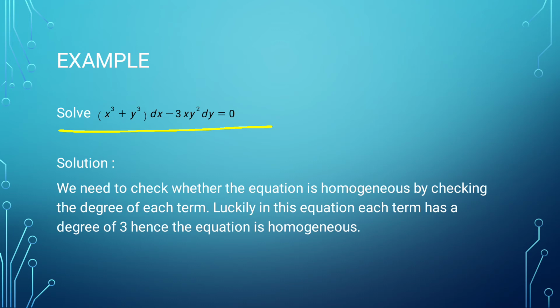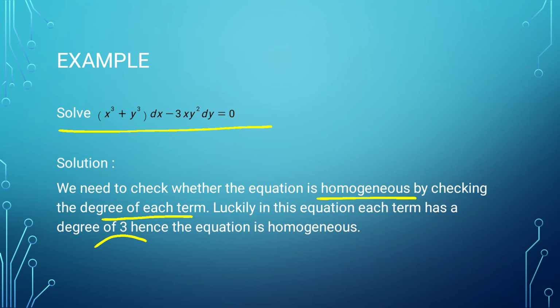So what we need to do here is check whether the equation is homogeneous. How do you check that? We check whether the equation is homogeneous by checking the degree of each term. Luckily, in this equation each term has a degree of 3. You see x is cubed, y is cubed, and the other term is xy squared, where x is power 1 and y is power 2, so adding them you get 3.